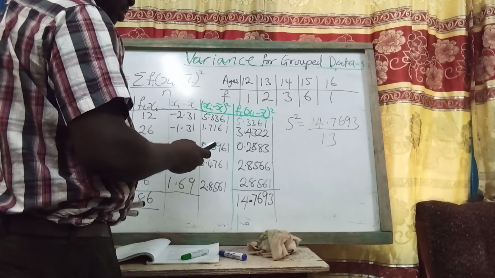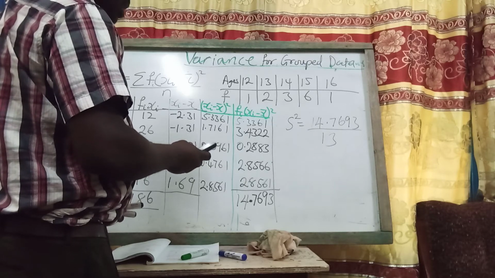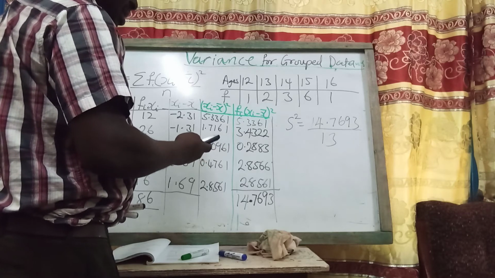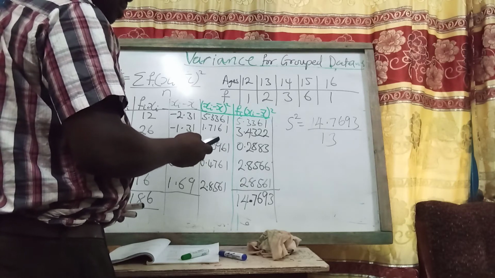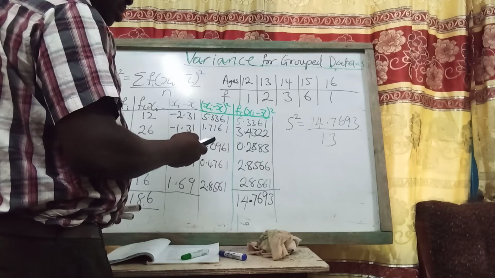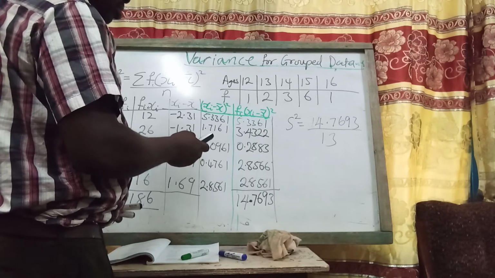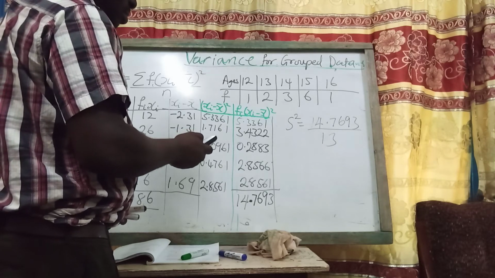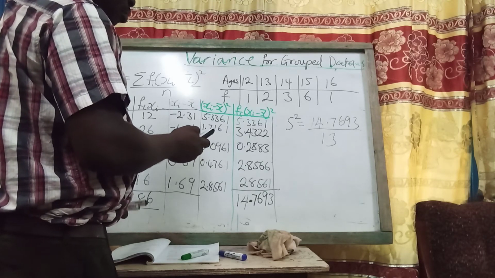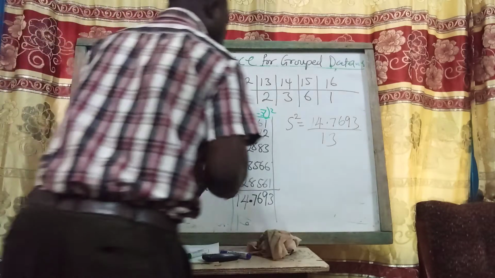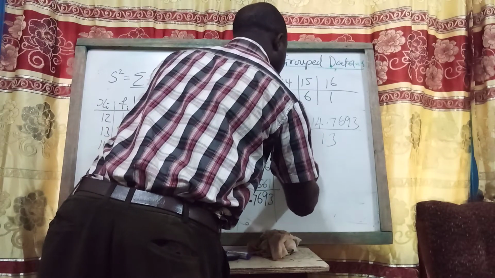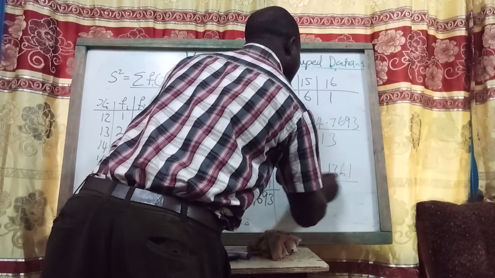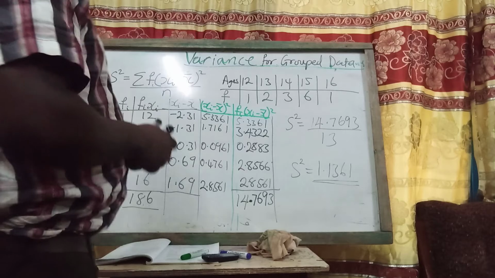My calculator says 14.7693 divided by 13 is equal to 1.136. You see that they are very close, and therefore that is the variance.